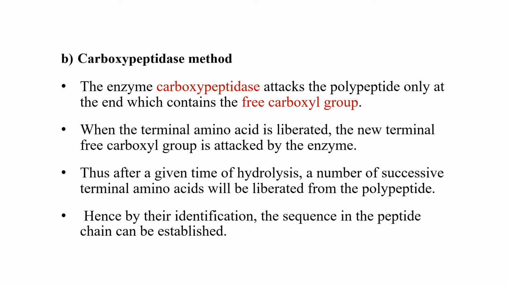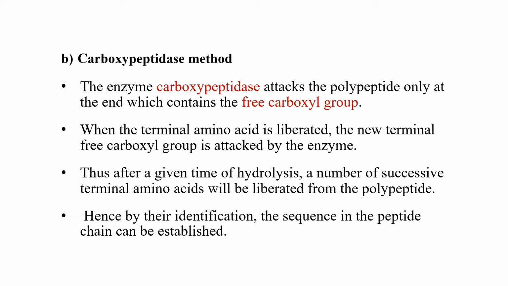In the carboxypeptidase method, for the determination of C-terminal amino acid, the polypeptide is treated with the enzyme carboxypeptidase, and this enzyme attacks the polypeptide chain only at the end which contains the free carboxyl group.